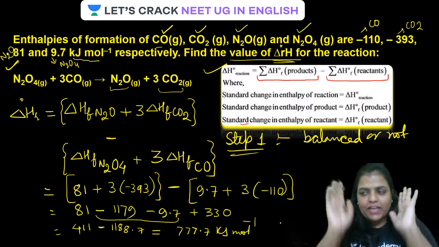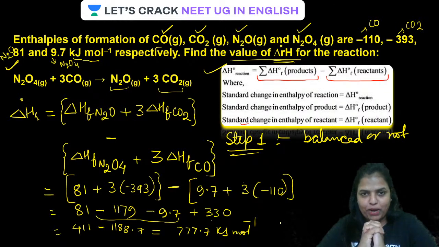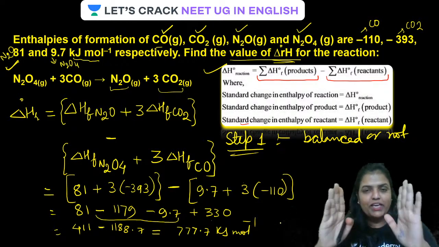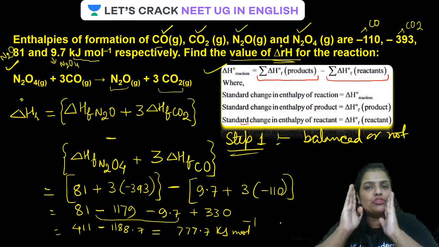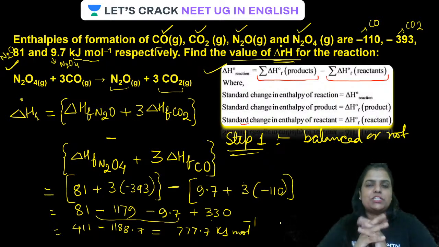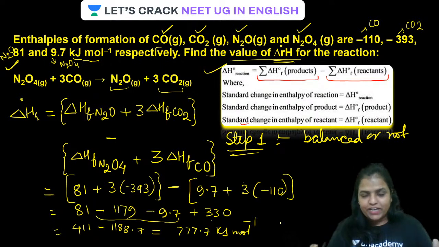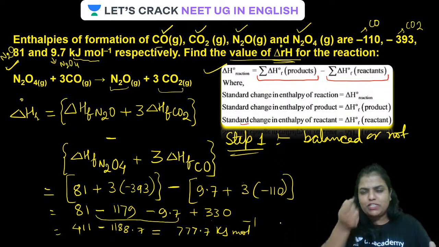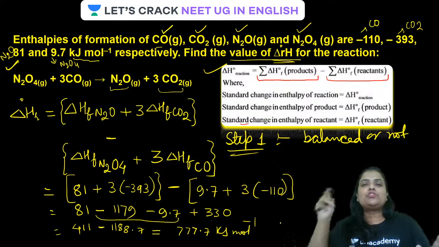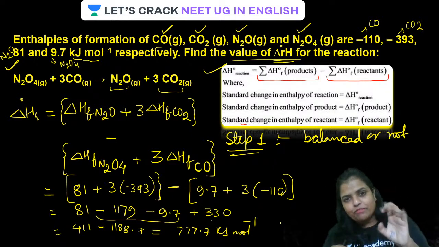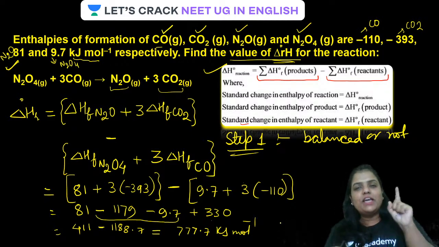You should solve it correctly in order to ensure all the 5 marks. Even a single mistake is going to make you lose all the 5 marks, which you cannot afford.